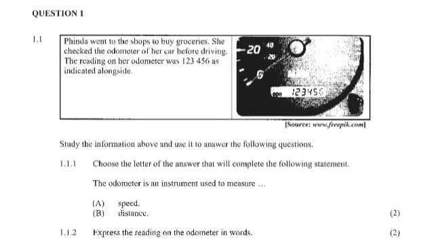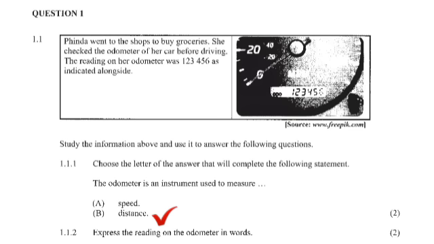So as you are studying and preparing for your paper 2, get very comfortable with discussing different concepts. Be able to give a definition or to choose from a multiple choice if you must. So what is an odometer? An odometer is an instrument that is used to measure distance. So our answer there will be B, which is distance.